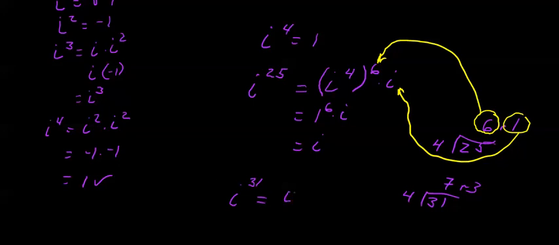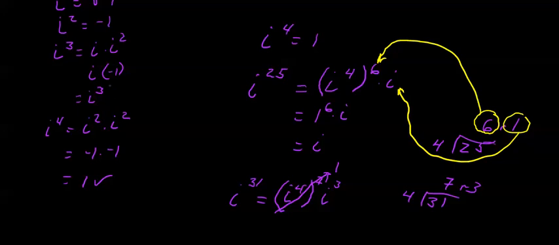So this is i to the 4th raised to the 7th times i cubed. i to the 4th raised to the 7th becomes 1. All right, we can just forget about it.